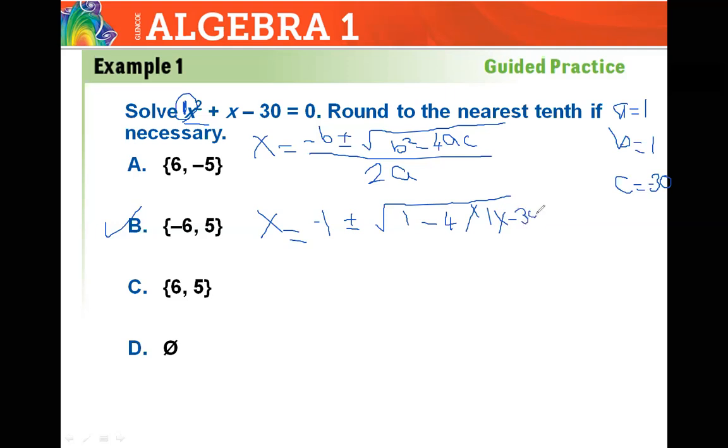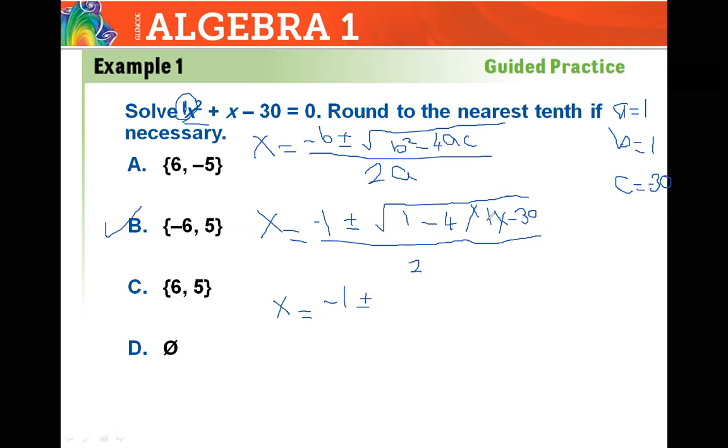Over 2A, 2 times 1 equals 2. So the value of x equals negative 1 as it is, and this is plus and minus.